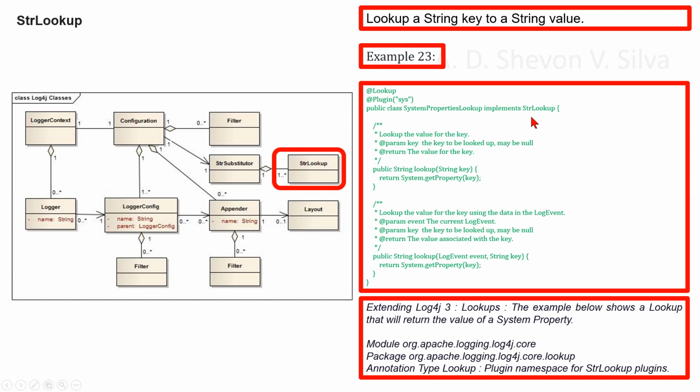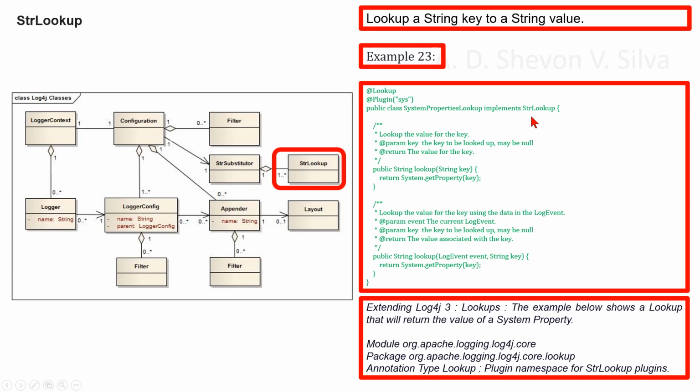Lookups are the means by which parameter substitution is performed. During configuration initialization, an interpolator is created that locates all the lookups and registers them for use when a variable needs to be resolved. The interpolator matches the prefix portion of the variable name to the registered lookup and passes control to it to resolve the variable.